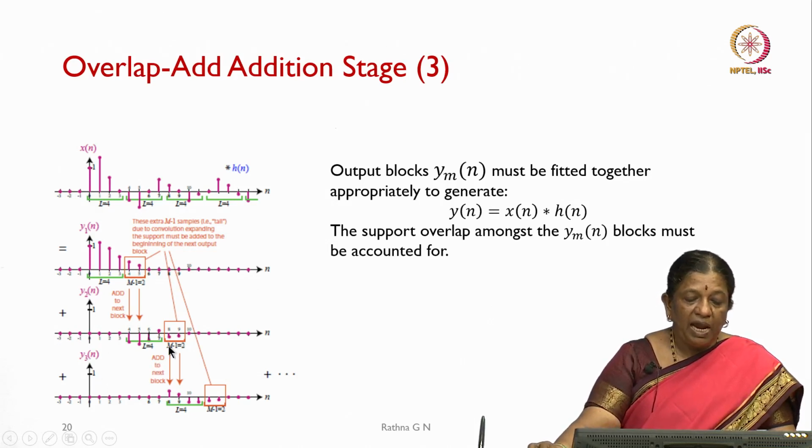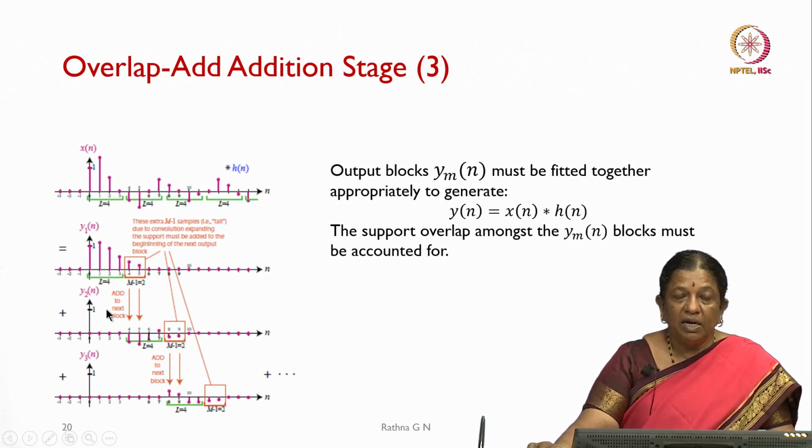So, you will be adding these two samples, as you can see that they are getting repeated in successive blocks, that is, the m minus 1 samples are repeated in the next blocks for our computation.